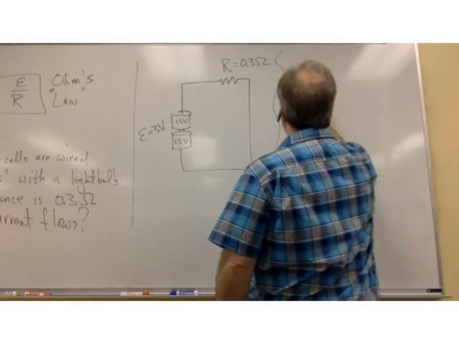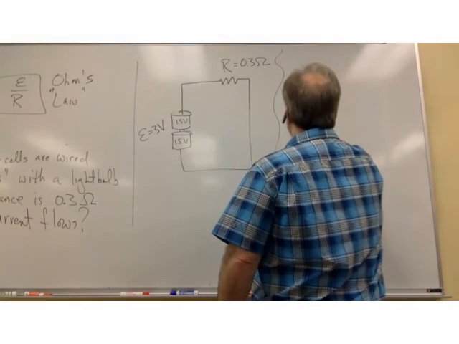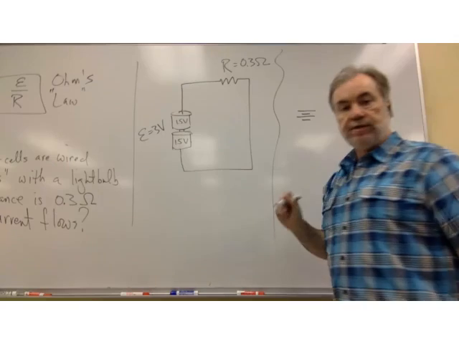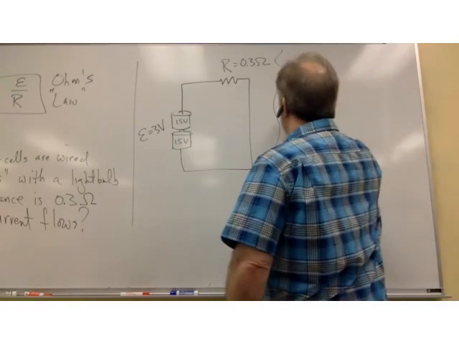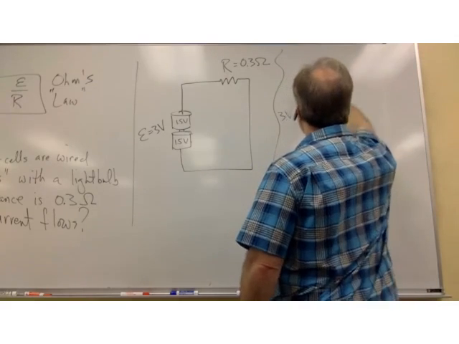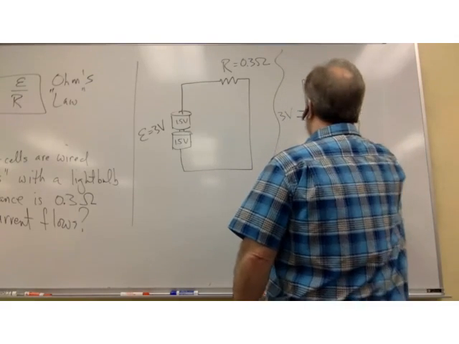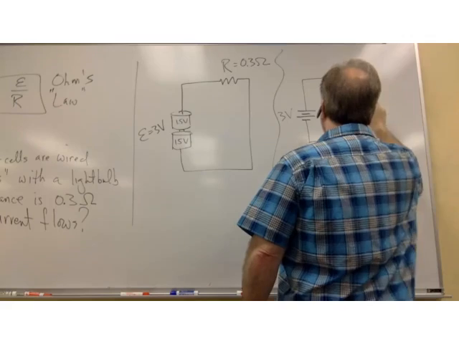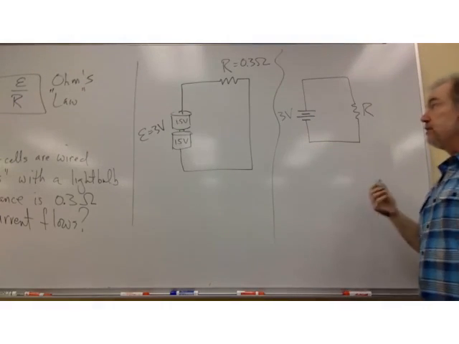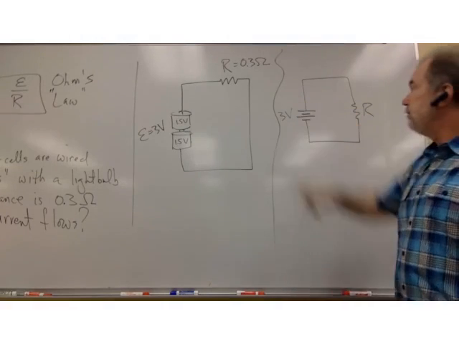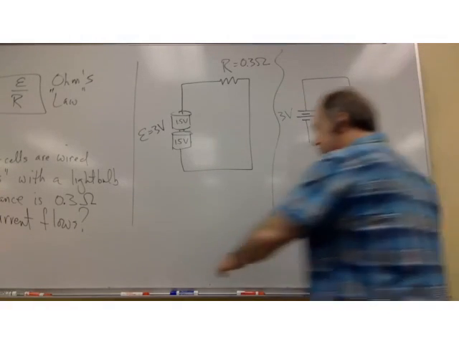You might think I draw 2 of these little symbols, and occasionally you will see people do that, but more commonly we simply label this as 3 volts. And it doesn't matter where in your schematic circuit diagram you place the resistor, as long as it's electrically equivalent.